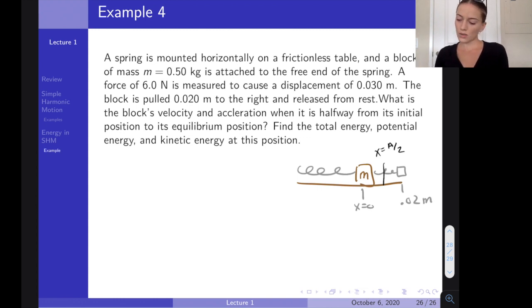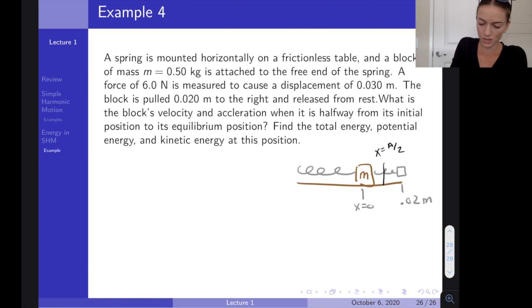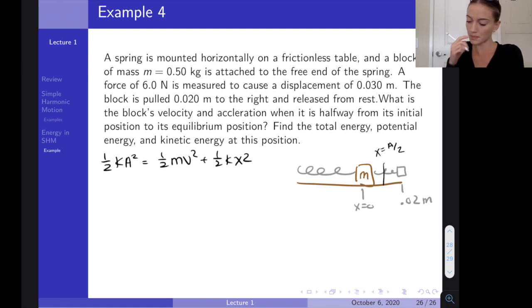Okay. So to find the velocity and acceleration, we're going to use conservation of energy first. Let's write down our conservation of energy equation: 1/2 kA squared is equal to 1/2 mv squared plus 1/2 kx squared. And we want to find the velocity first.